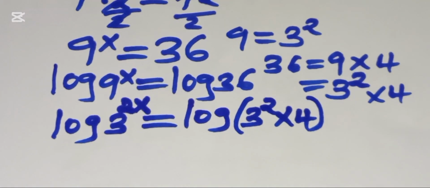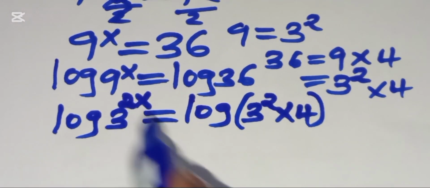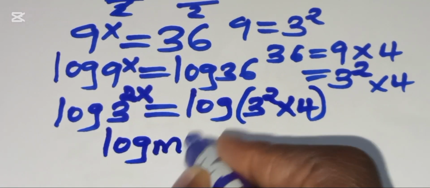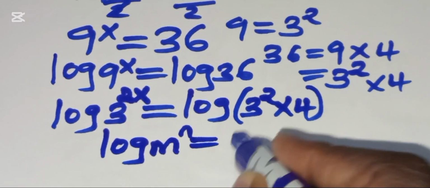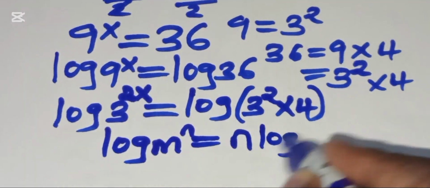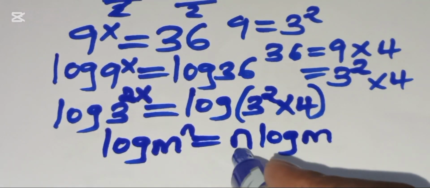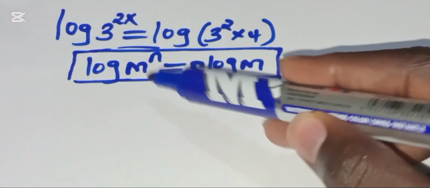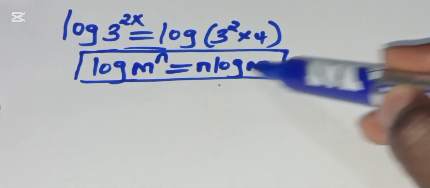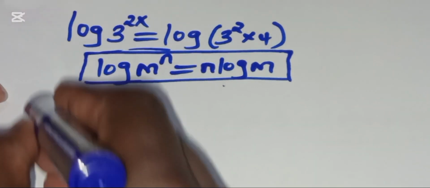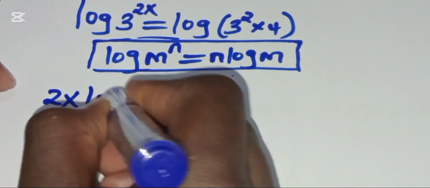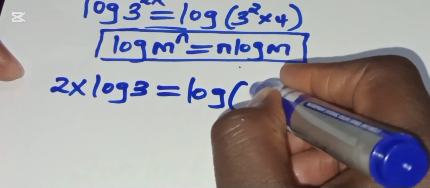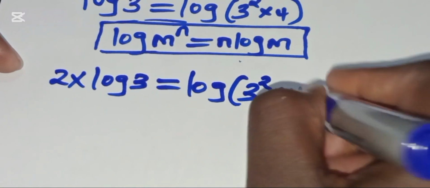Now from what we have, we find that log 3 raised to power 2x is in the form of log m raised to power n, which we can express as n log m. So let's apply this property: log m raised to power n is equal to n log m, and we transform this as 2x log 3, equal to log 3 squared multiplied by 4.